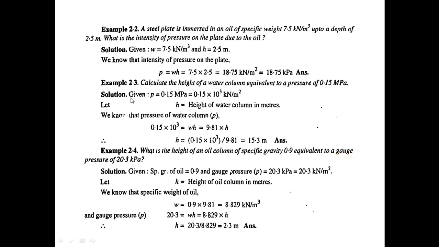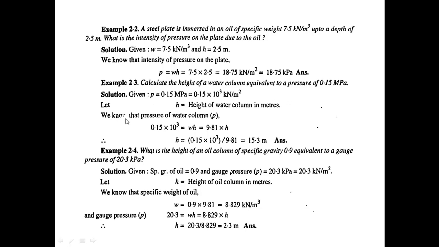So in the given data, we have P is equal to 0.15 megapascal, and we have to find the value of H, which is the water column equivalent to a pressure of 0.15 megapascal.